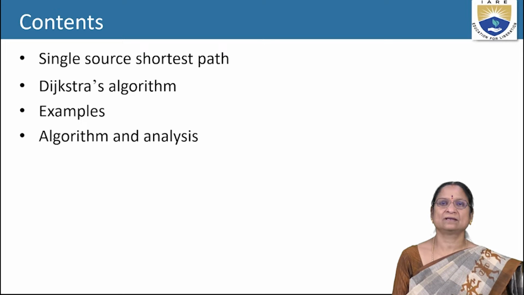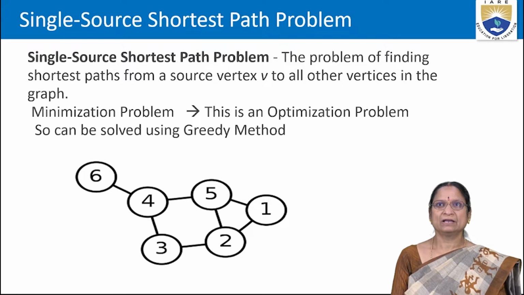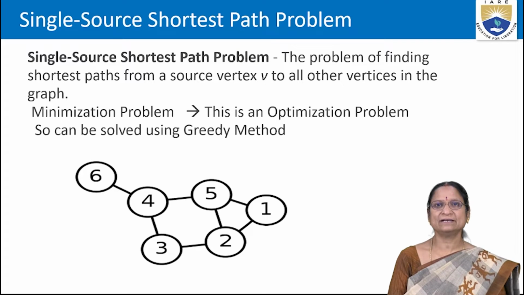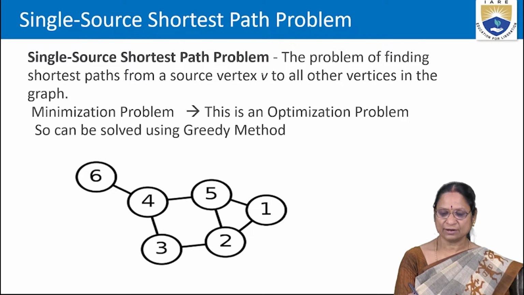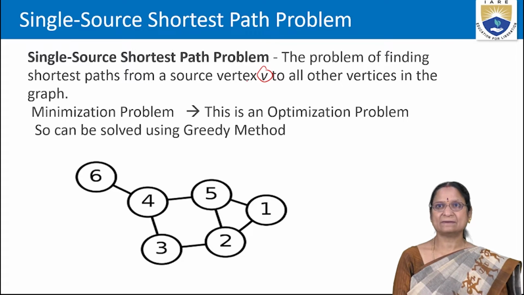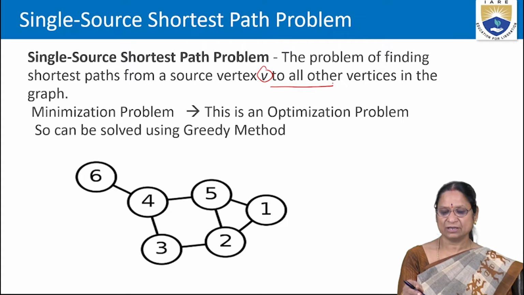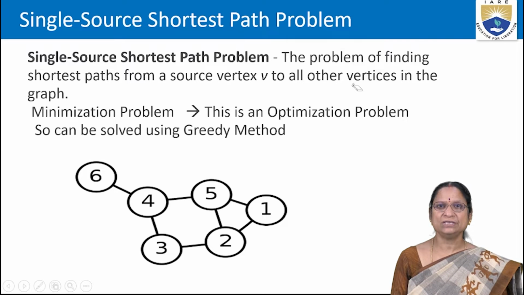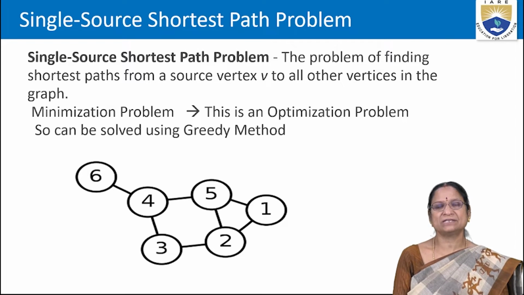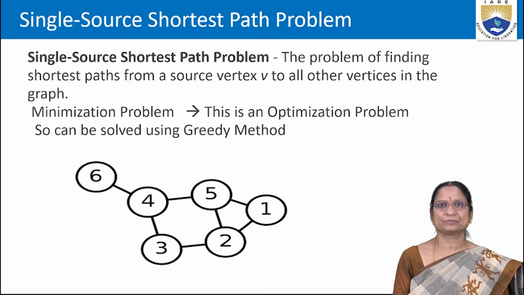of Dijkstra's algorithm. Single source shortest path problem. The problem is defined as finding the shortest path from source vertex V to all other vertices. Please observe, to all other vertices. So from any given vertex V to each of the other vertices, the shortest path is going to be identifiable by us.